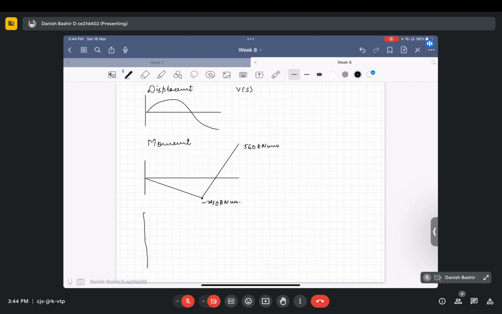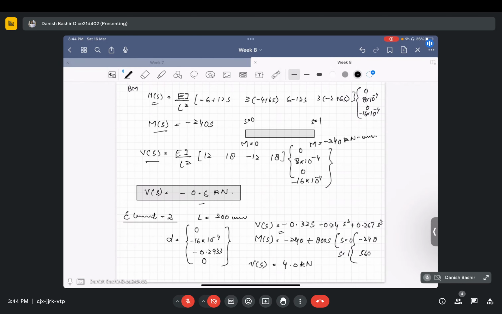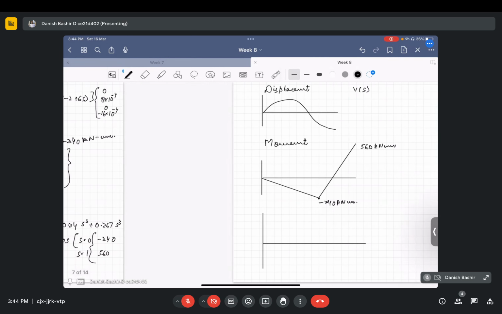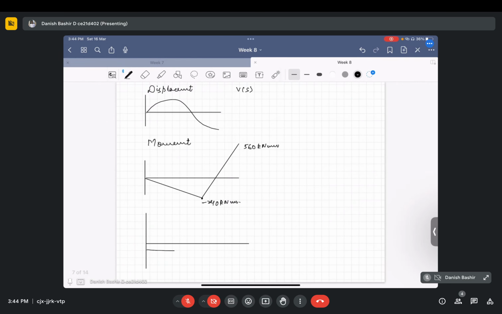And how shear force is changing is very simple. In the first element, shear force is minus 0.6 kilonewton up to the support, and then it shoots up to 4 kilonewton. So this is 4 kilonewton and minus 0.6 kilonewton. This is shear.